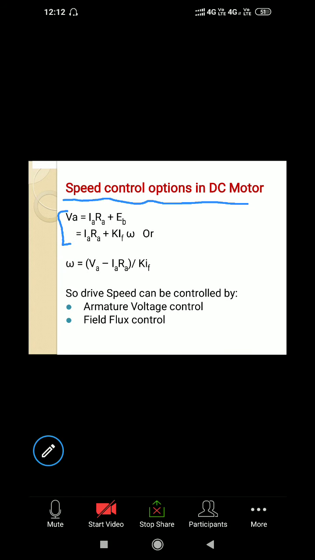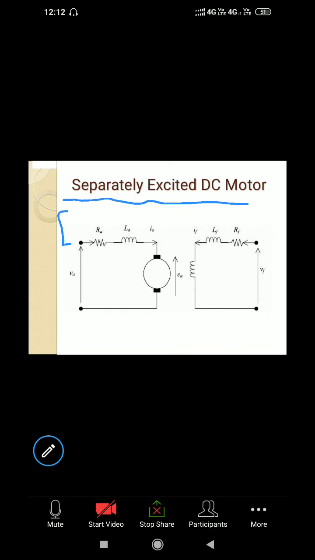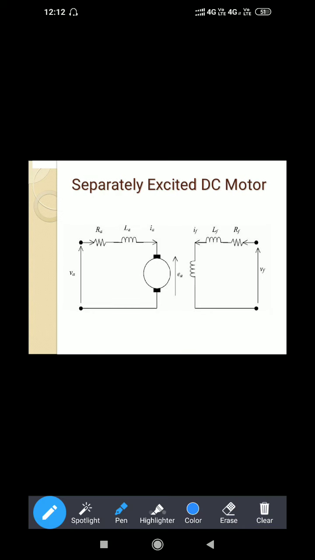basic circuit diagram for DC motor. Here we'll see one of the examples of DC motor, that is separately excited DC motor. In separately excited DC motor, we have the separate field excitation.